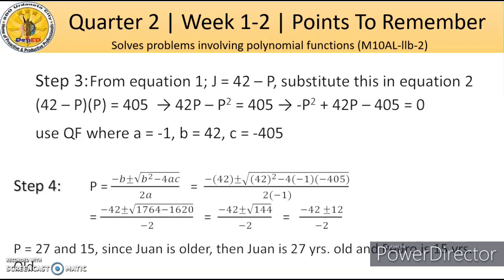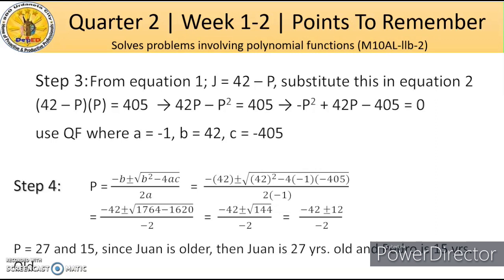So we have P is equal to negative B plus minus the square root of B squared minus 4AC all over 2A. By substituting, B is equal to 42, A is equal to negative 1, and C is equal to negative 405. We will come up with the answer negative 42 plus minus 12 all over negative 2.